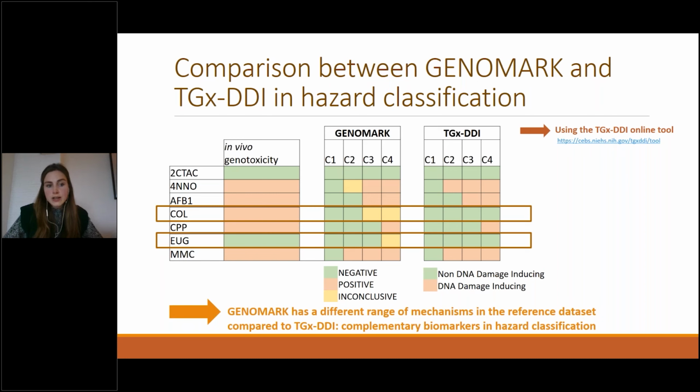And eugenol, as seen in the highest concentration in GENOMARK, is classified as inconclusive, but in TGx-DDI, in all concentrations, eugenol is seen as non-genotoxic. So the main conclusion of this study is that both biomarkers can be used complementary in hazard classification.